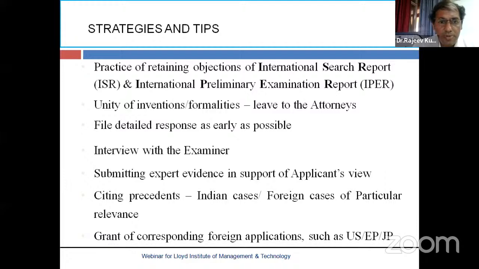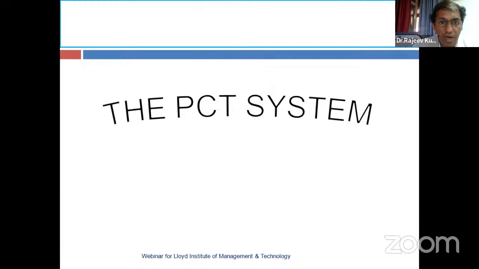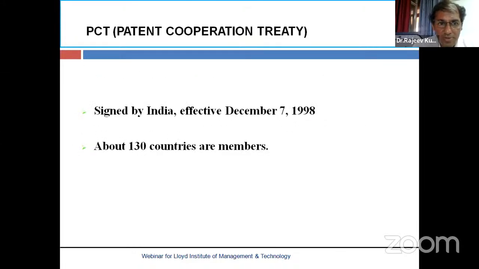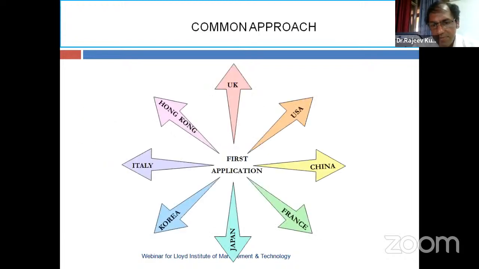So with that, I would like to describe the PCT system lastly. If your invention has utility worldwide, then you can go for a PCT application.